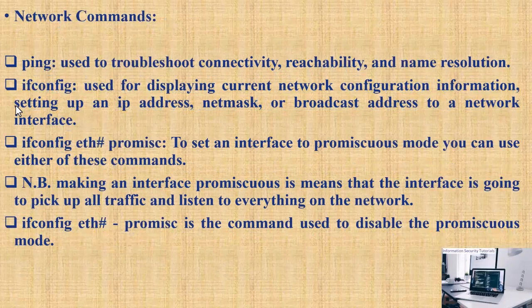Otherwise, if you want to disable promiscuous mode instead, you can use the next command: ifconfig, the Ethernet number of the interface you want to disable it on, then -promisc, which means that this command is used to disable promiscuous mode.